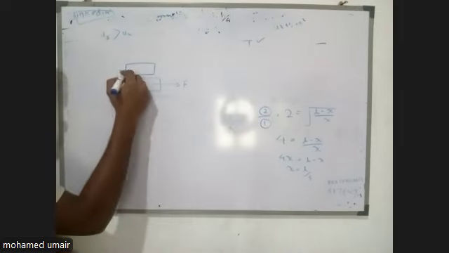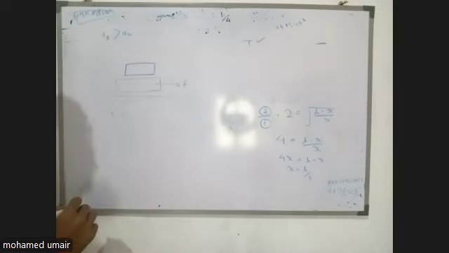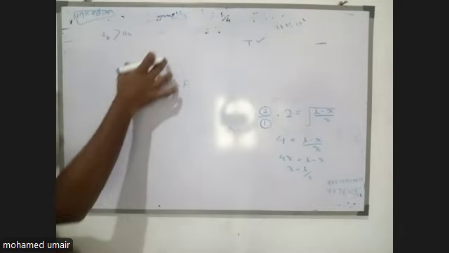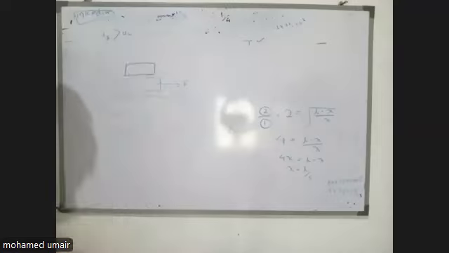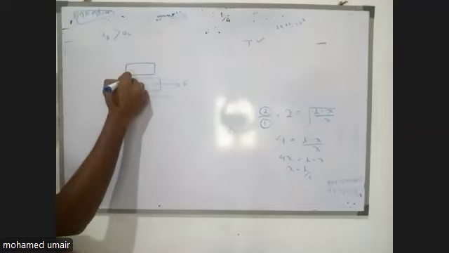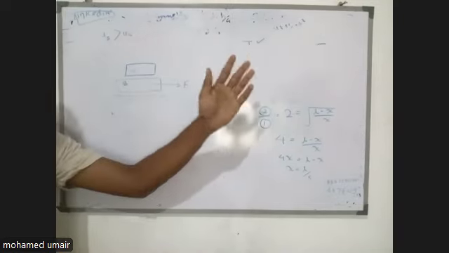But there is friction in between these two. So let's try to mark the friction. What will be the direction of friction for this mass? If I name them A and B, what will be the direction of friction on A? Is it towards the right or towards the left?